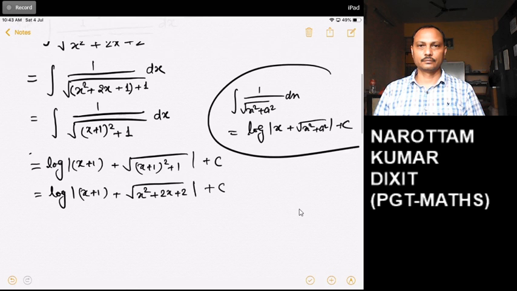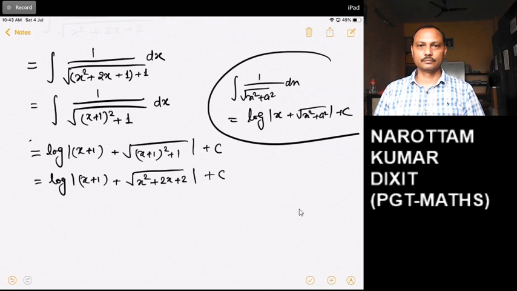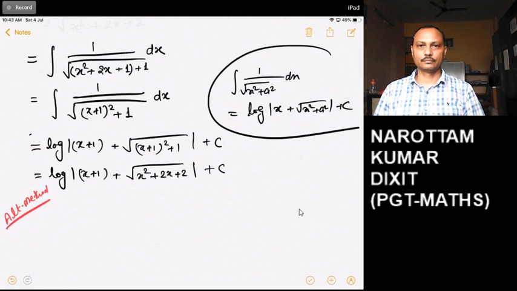Now, for the same question, I am going to discuss the alternative method. The question is same, integration of 1 upon under root x square plus 2x plus 2.